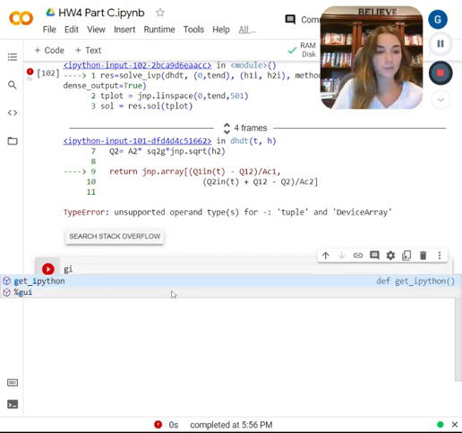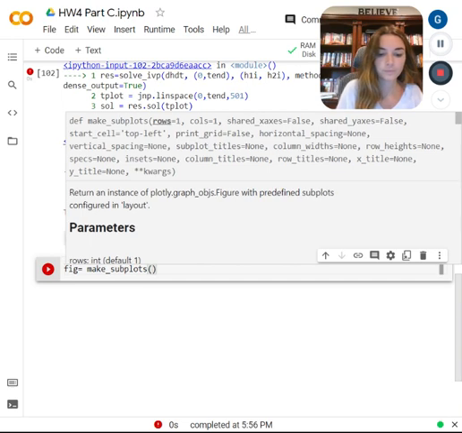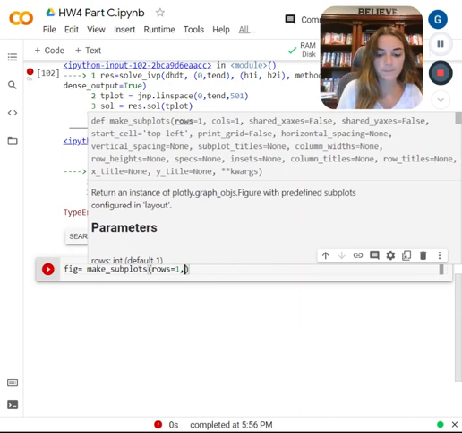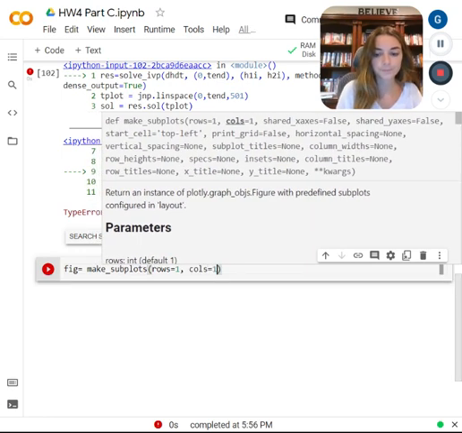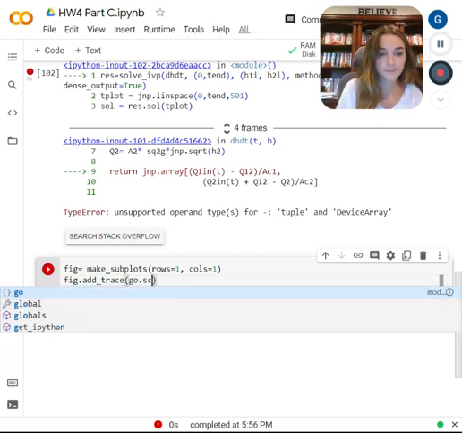So our figure makes subplots. We'll give it one row, one column, trace. I'm going to choose a scatter plot.